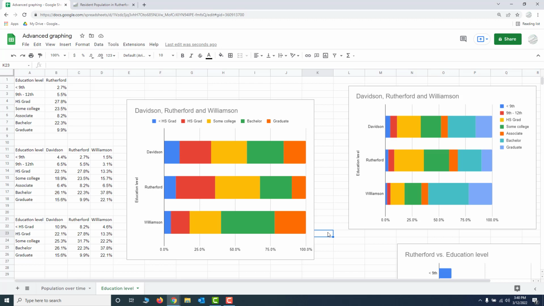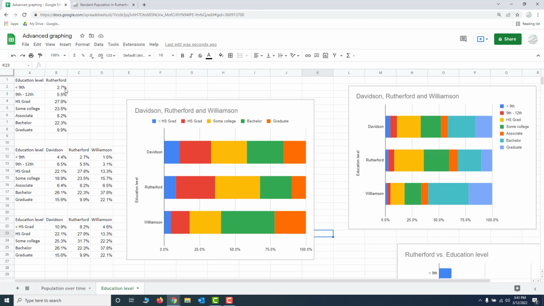So that's a different way of representing this kind of data. To recap, you've learned in the previous video how to make a line chart, and even a line chart that has multiple lines for different entities, different counties, or whatever you're graphing. And here you've seen a couple of different ways to represent this kind of data, where you're expressing percentages or portions of a whole.